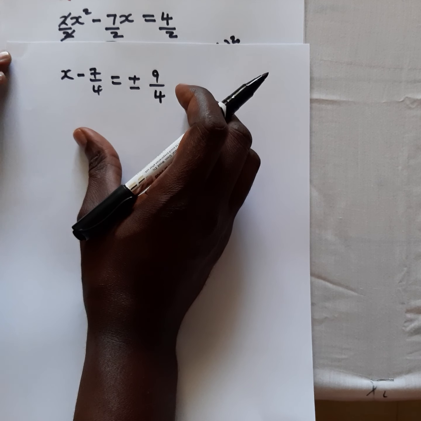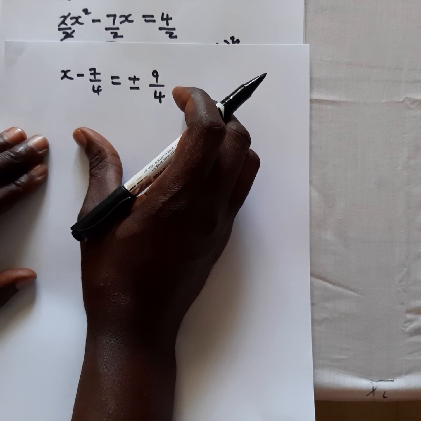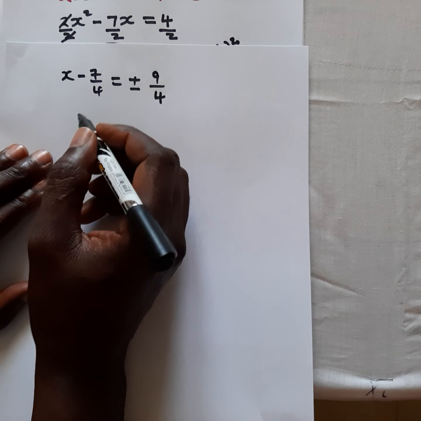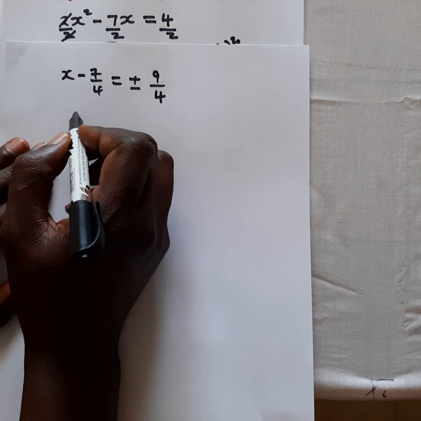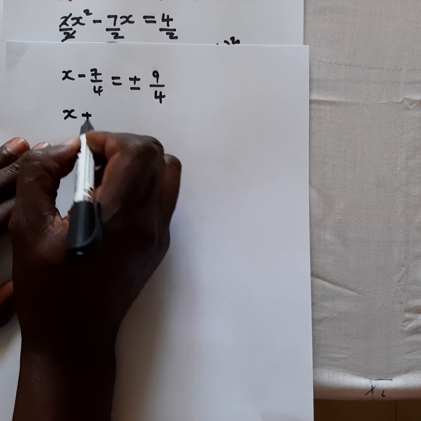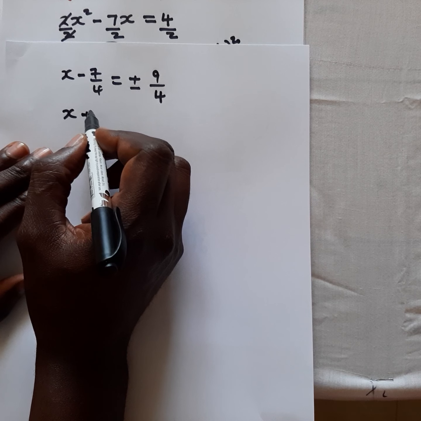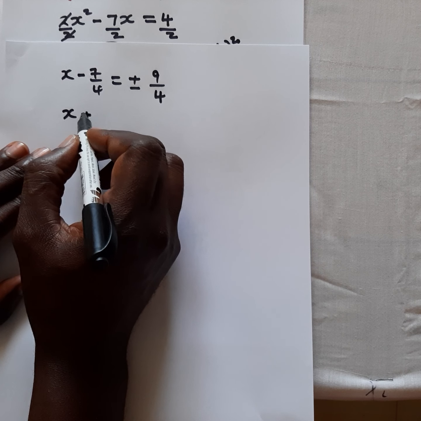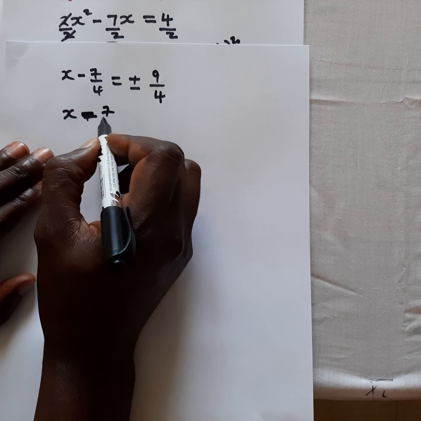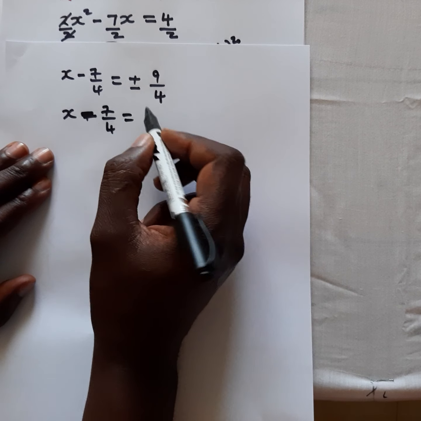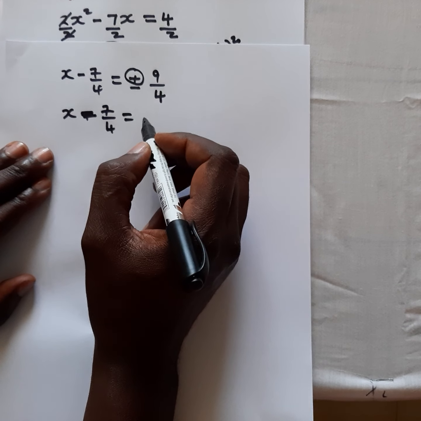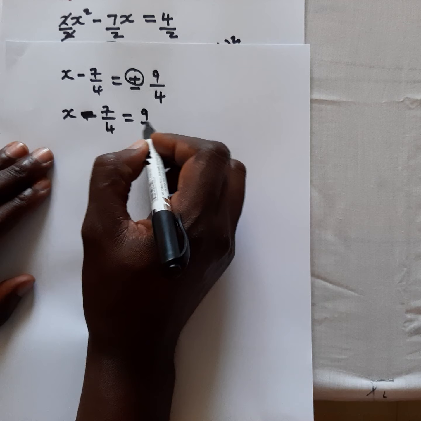We can find the value of x. First we take the positive part: x minus 7 over 4 equals 9 over 4.